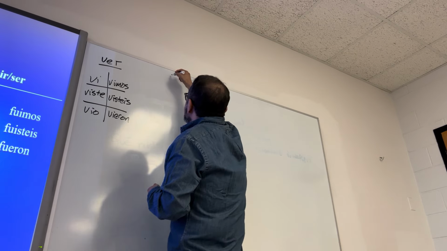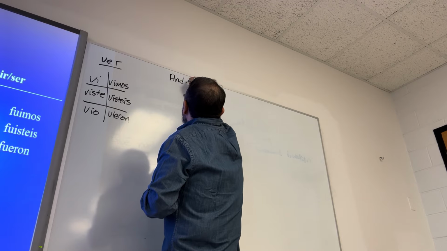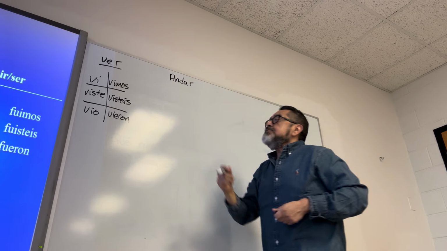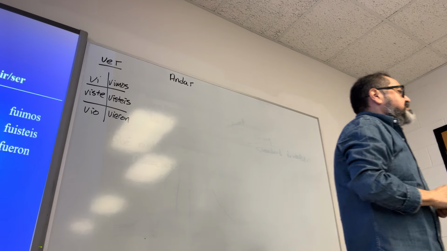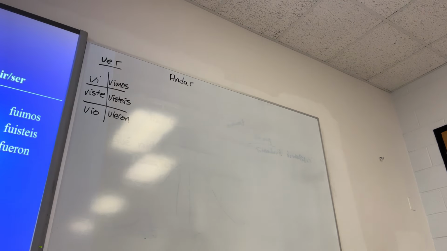This one is new. The word andar. Andar is another way to say to walk, okay? In some countries, though, it can also mean to be. So, like when I lived in South America, people would ask me, "Cómo andas?" And so they were asking me, "How are you?"